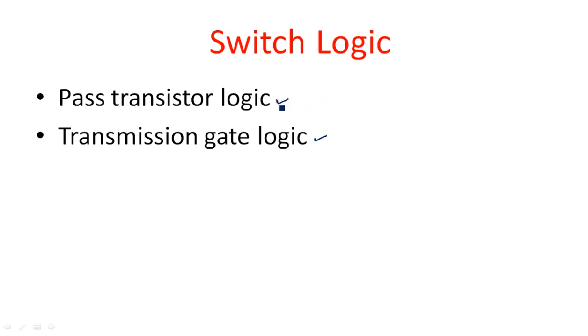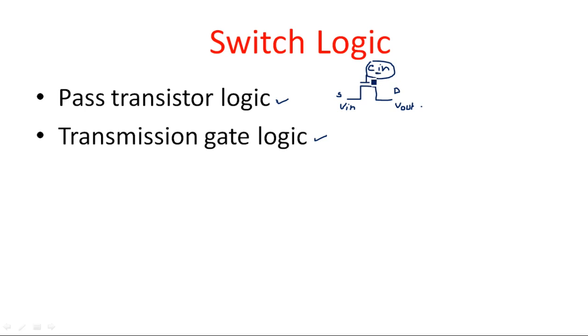Now, what do you mean by pass transistor logic? One transistor is there, and this transistor has a control input at this gate terminal, and here is the source terminal and this is the drain terminal. Whatever input we give at the source terminal will come out onto the drain terminal when the control input is at logic high, if it is an NMOS transistor.